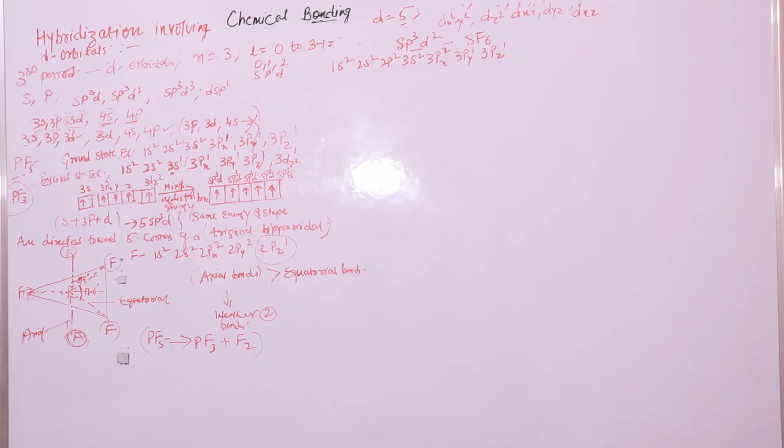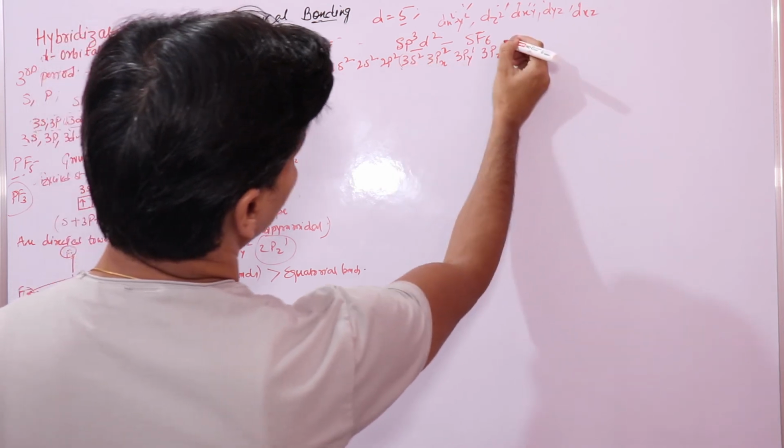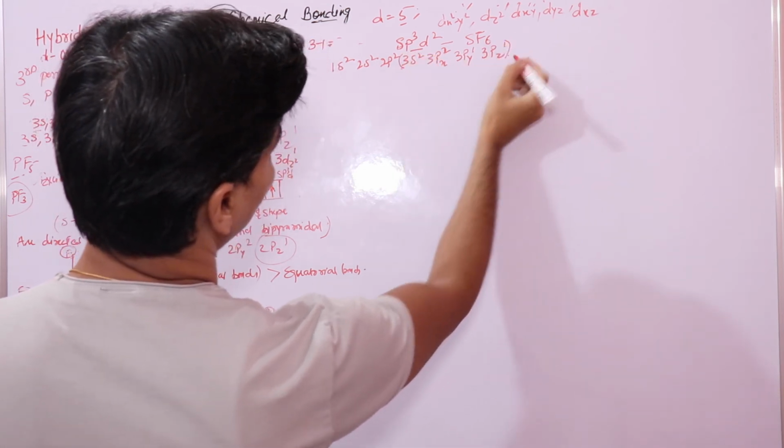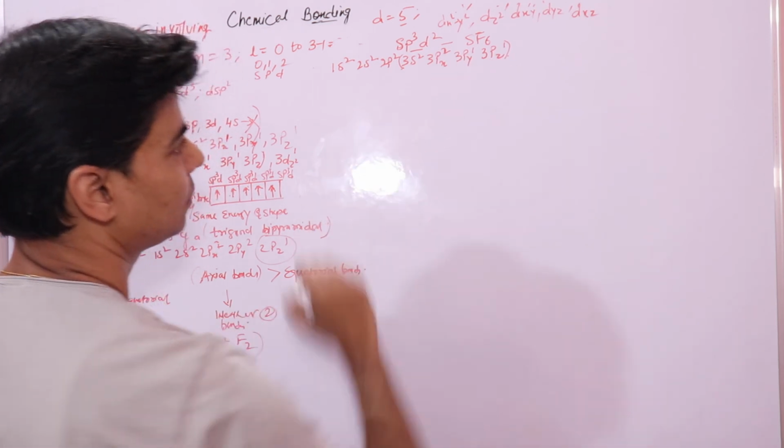Now the second point as per hybridization is we'll be looking into the excited state electronic configuration of the sulfur atom, right? And in the excited state electronic configuration we'll be looking at the outer shell configuration, that is 3s2, 3px2, 3py1, 3pz1, right?